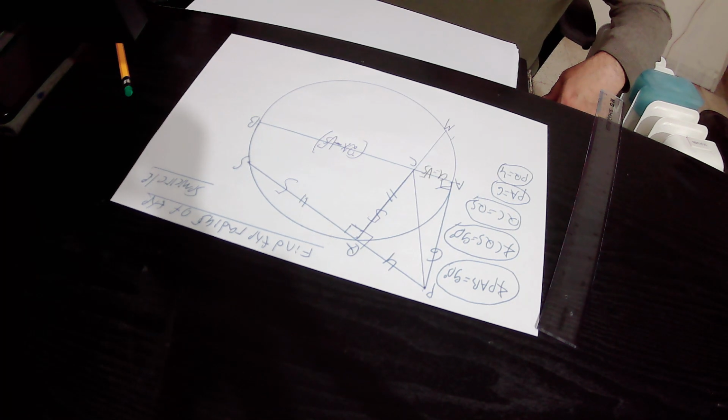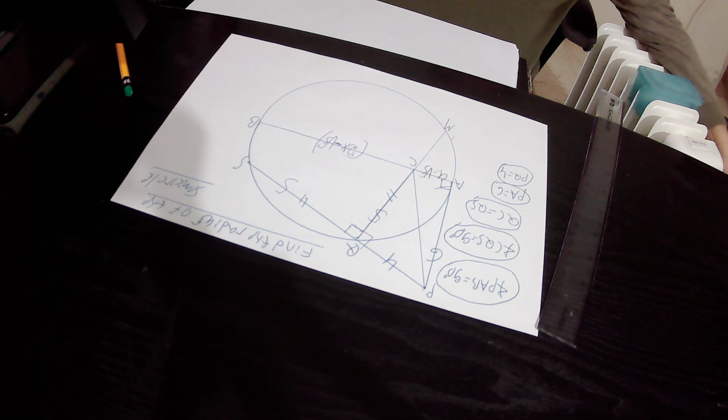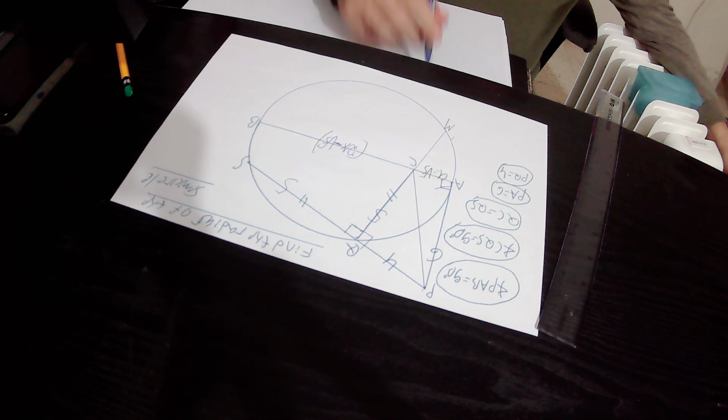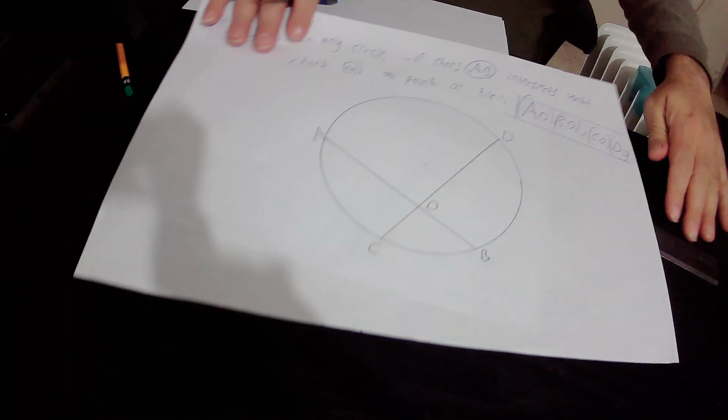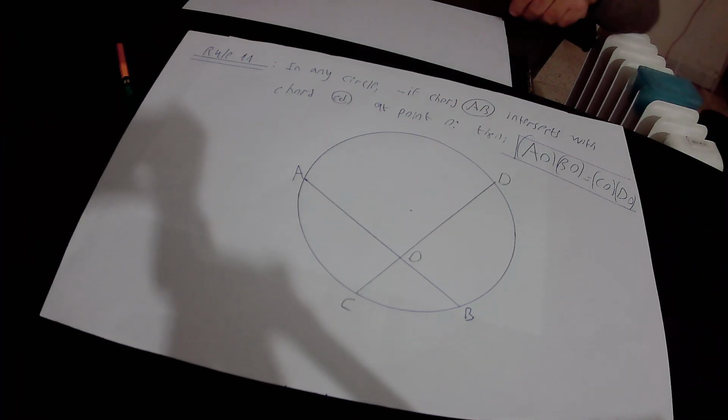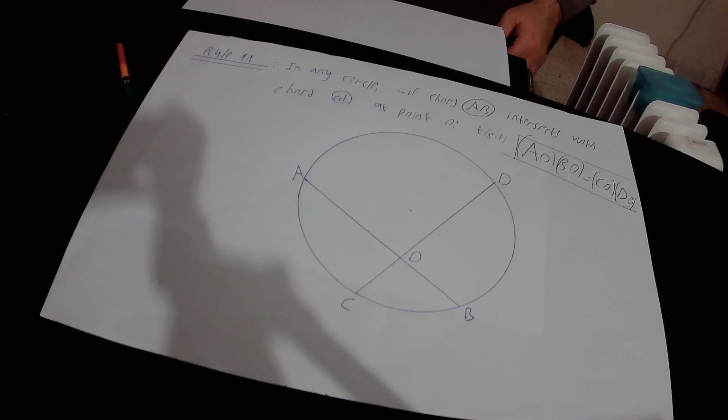In the next step, I will present to you a new rule, and we implement the new rule in our drawing. The new rule is rule number 11. According to rule number 11, in any circle, if chord AB intersects with chord CD at point O, then the following equation is true, that AO times BO equals CO times DO.